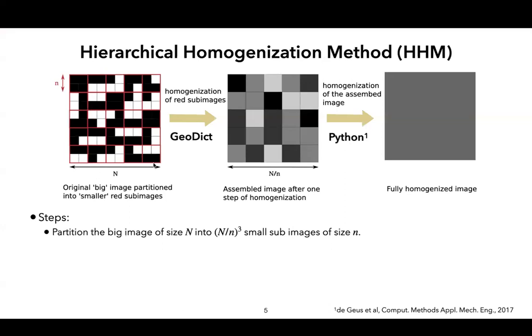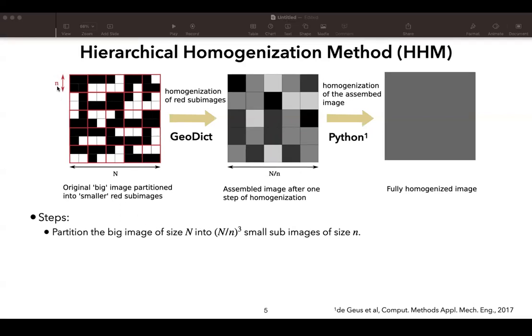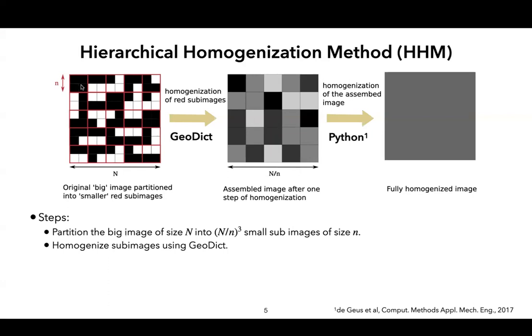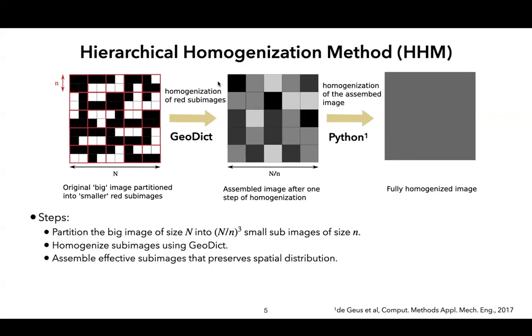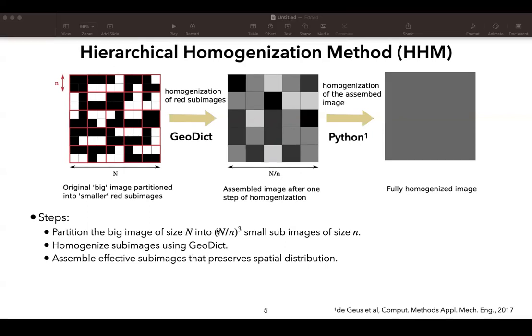We partition this big image into small sub-images of size small n, and then we homogenize these small sub-images individually using GeoDict. Then we assemble these homogenized sub-images into an intermediate image of size capital N by small n, and that assembled image will preserve the spatial distribution of the properties.